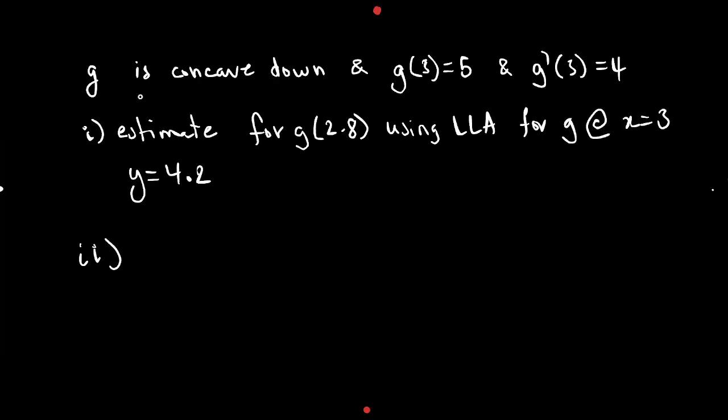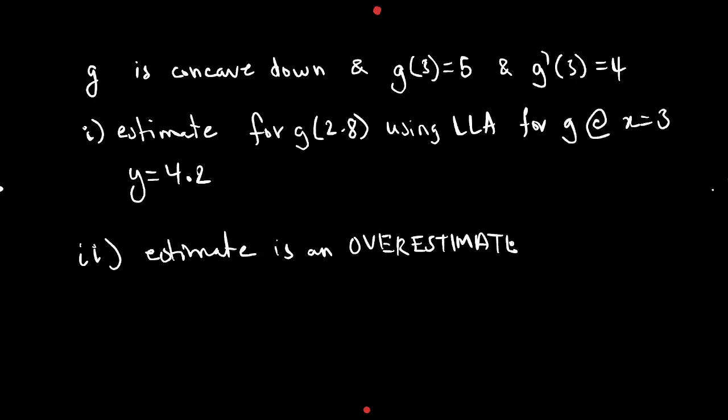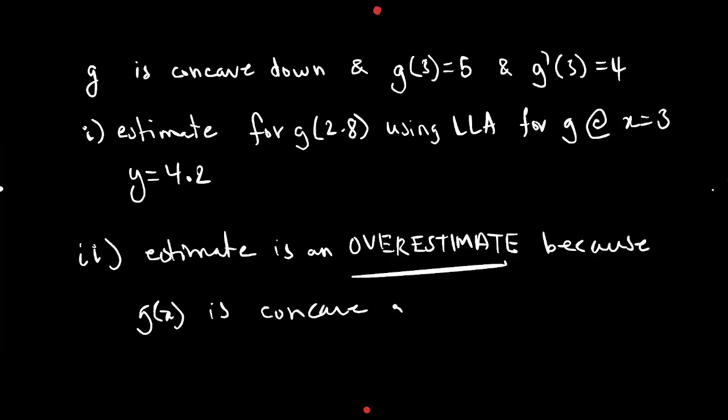So we can say simply that our estimate is an overestimate because g of x is concave down. And that's all we have to say.